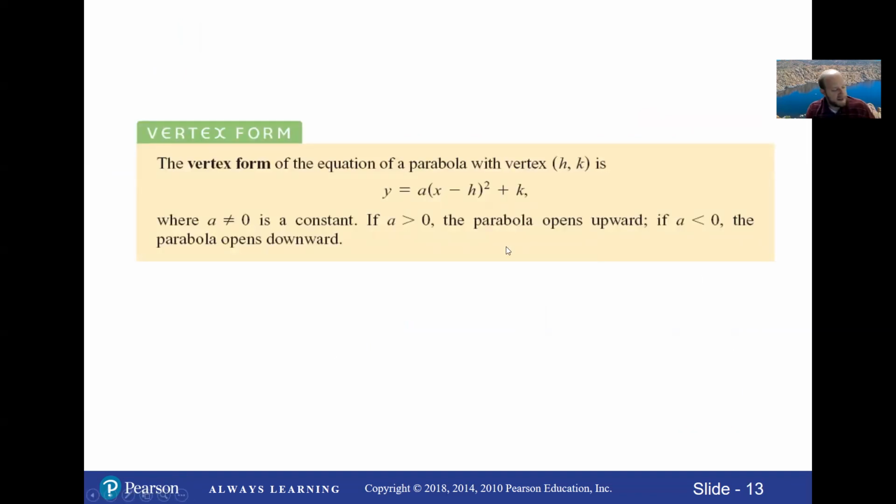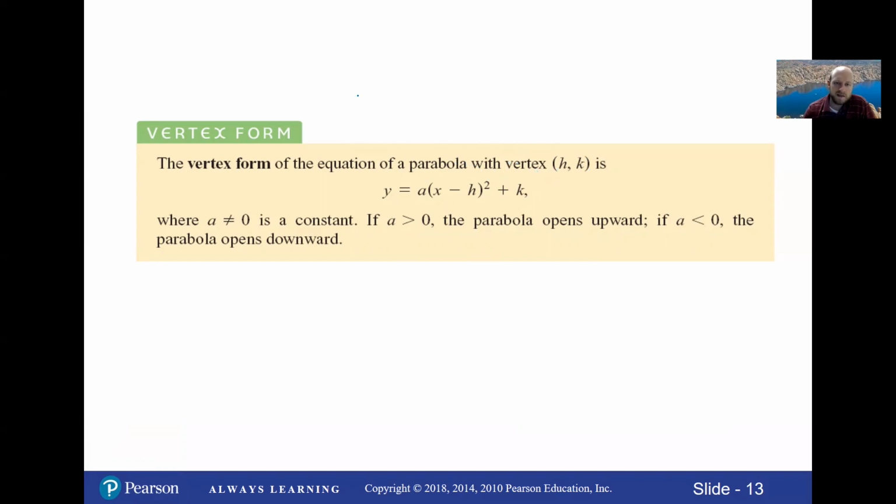Okay, now the next thing that I want to cover is what we call the vertex form of a parabola. And what they use here, I don't like how they used h and k before. It's kind of why I hesitated. They used h and k for the shifts there, but it's very standard to use h and k for a vertex.